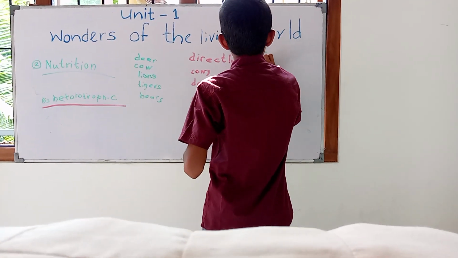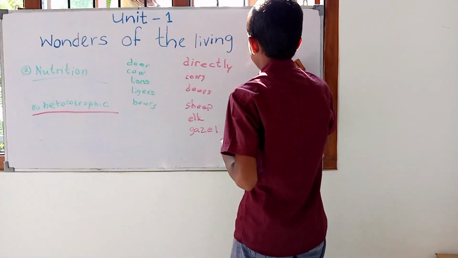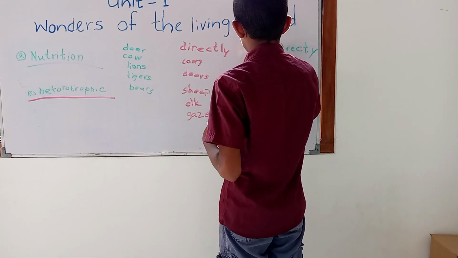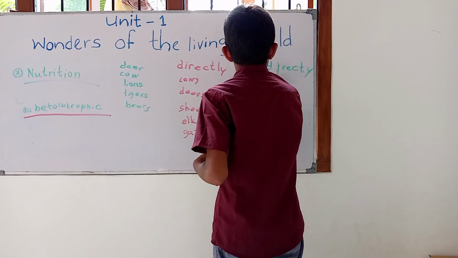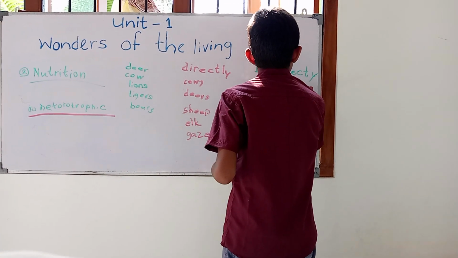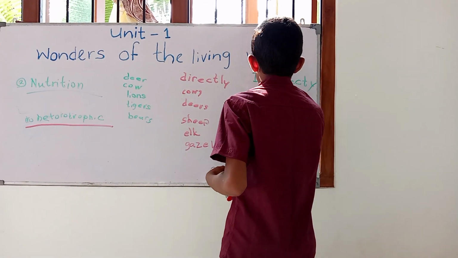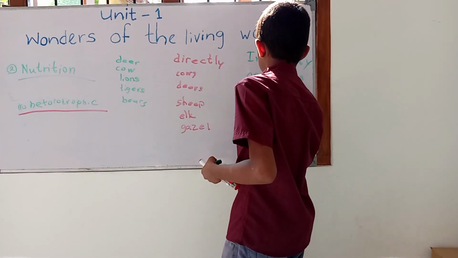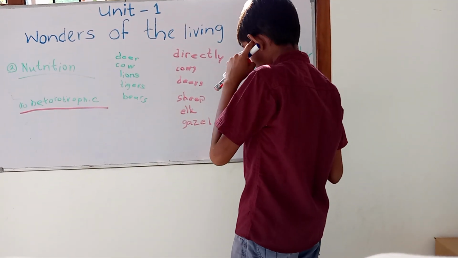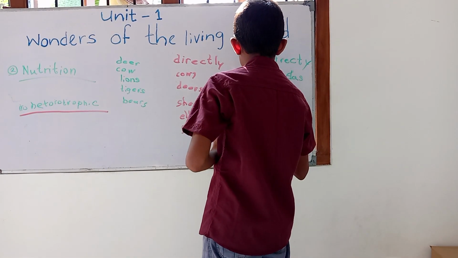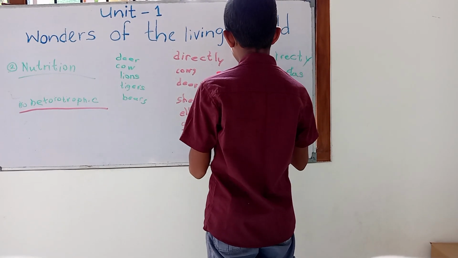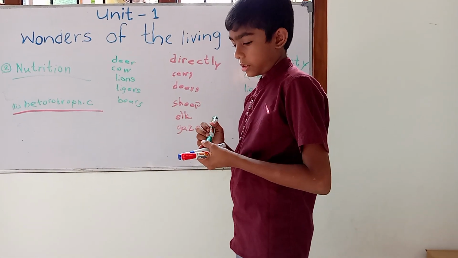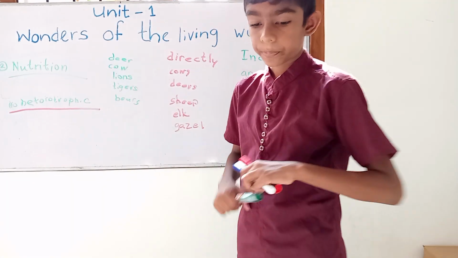As for indirectly, we can take anacondas, lions, tigers, and, well, all carnivores such as, you get the idea, eagles.